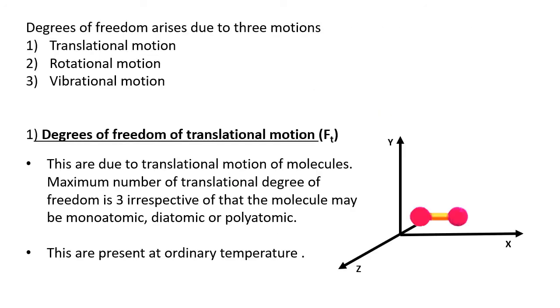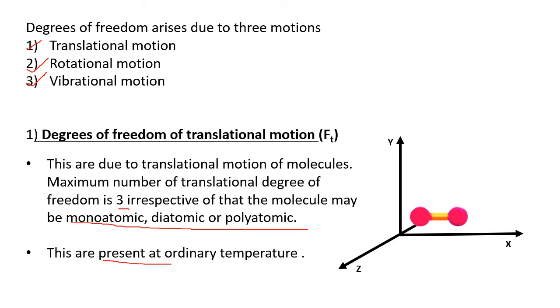Now, degrees of freedom arise due to three motions. First one, translational motion, then rotational motion and vibrational motion. Degrees of freedom of translational motion: these are due to the translational motion of molecules. The maximum number of translational degrees of freedom is 3, irrespective of whether the molecule is monatomic, diatomic or polyatomic.